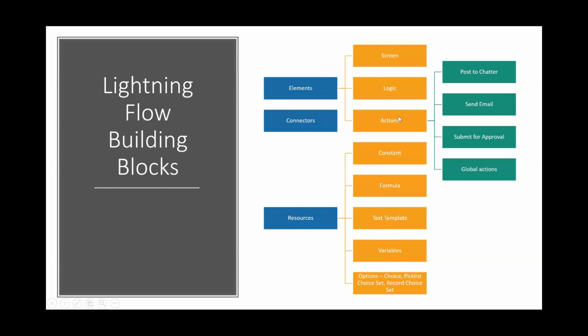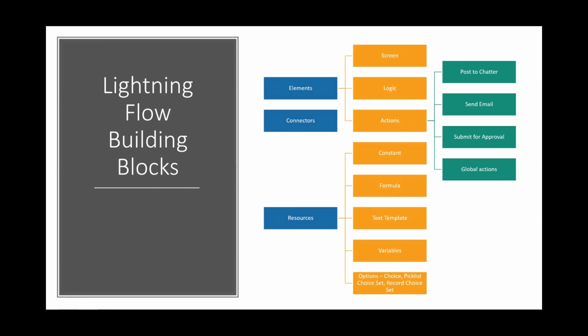And then there are actions. Just like anything that you would do has an outcome, an action is nothing but an outcome. What are the different types of outcome that can be there? I have just listed some of them. You can do a lot more, but these are some of the most common ones. Just like in a workflow, where you can send an email or send an outbound message, in lightning flows, actions can be, you can post to Chatter. For people who don't know, Chatter is nothing but a collaboration tool.